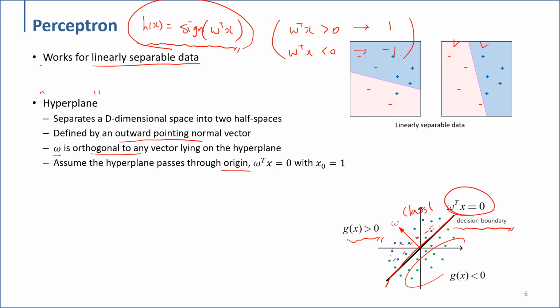And if this value is smaller than 0, then we will take this as class -1. So the important thing is, based on that, omega transpose x equal to 0 can be a decision boundary or hyperplane.